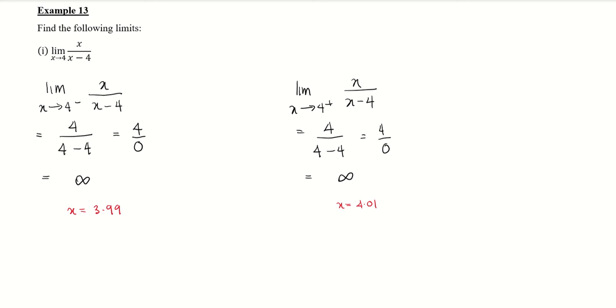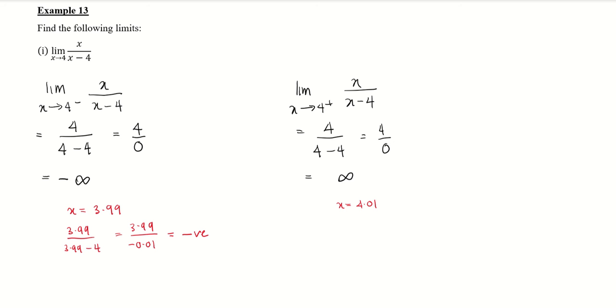For the first one we get 3.99 over 3.99 minus 4. This is 3.99 over negative 0.01, so this is going to be a negative value. That means this is negative infinity.